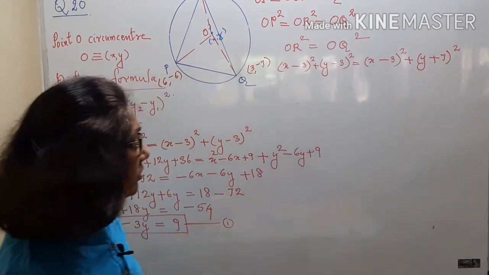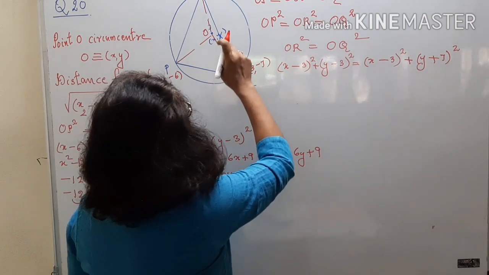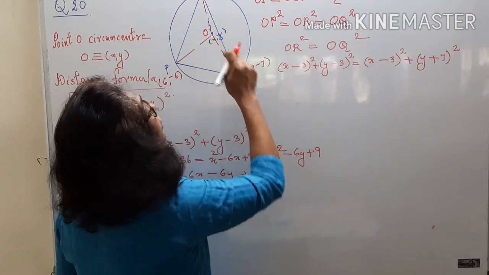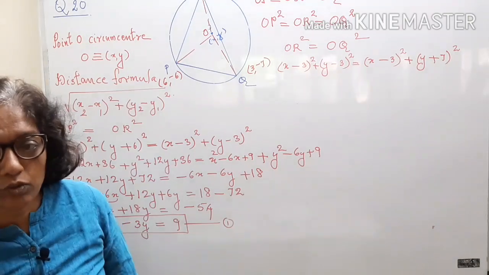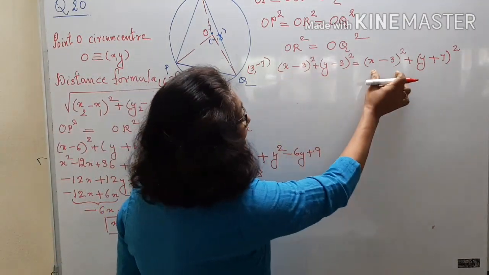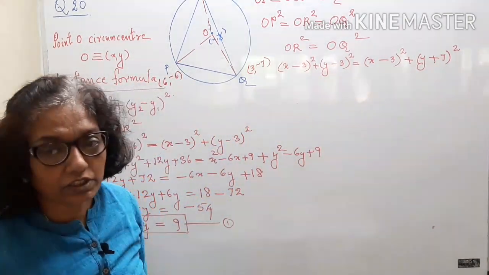See here children, this is x minus 3 the whole square, this is also x minus 3 the whole square. We can directly eliminate the whole thing from both the sides.